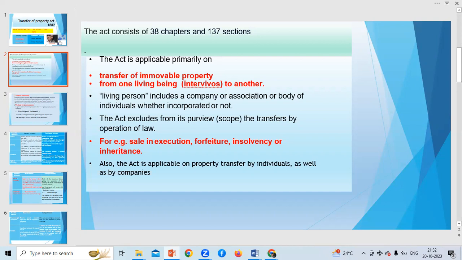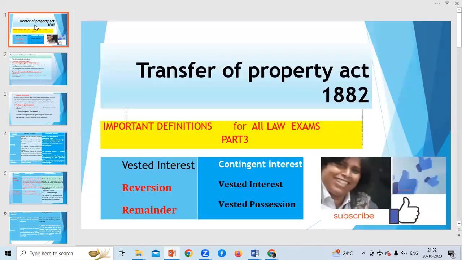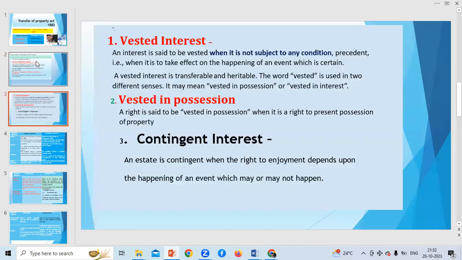And as you know, this is the old Act of 1882. The Act is from the British Raj time. Now it is almost 141 years for this Act. But basically, they are targeting the revenue, and revenue is from the property only. And how does the government get property revenue?